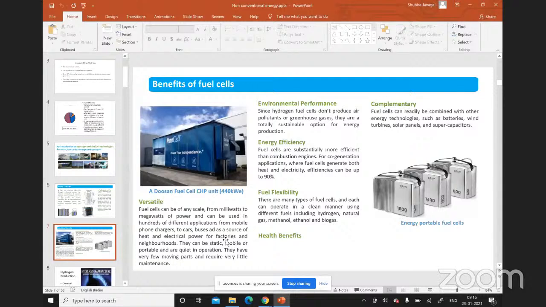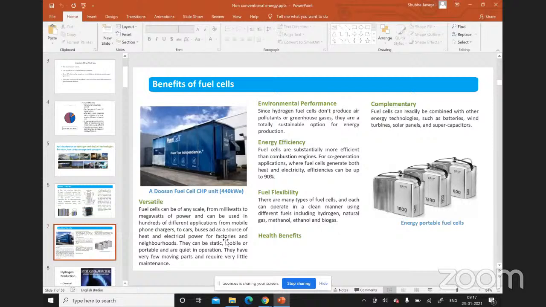And also the efficiency is proved to be pretty good. They claim that the efficiency of these fuel cells is about 90%. So energy efficiency is also pretty high compared to other forms of energy, where most of the energy is lost while transporting it, or during other processes, right?